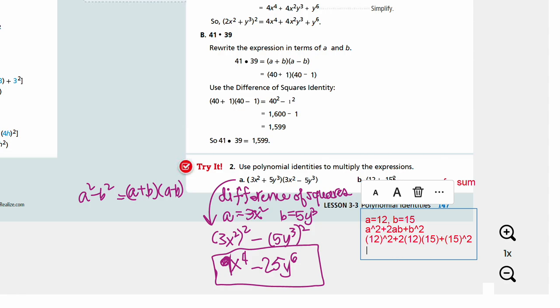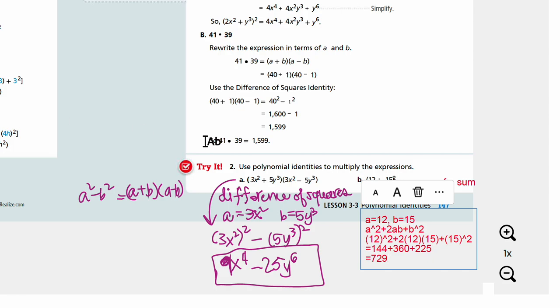Okay, and then if you simplify them, it's going to be 144, and then 15 times 12 is 180, and 180 times 2 is 360. So 360 plus 15 squared would be 225. And then if you add all of them together, it should be 729. Okay, let me double check.